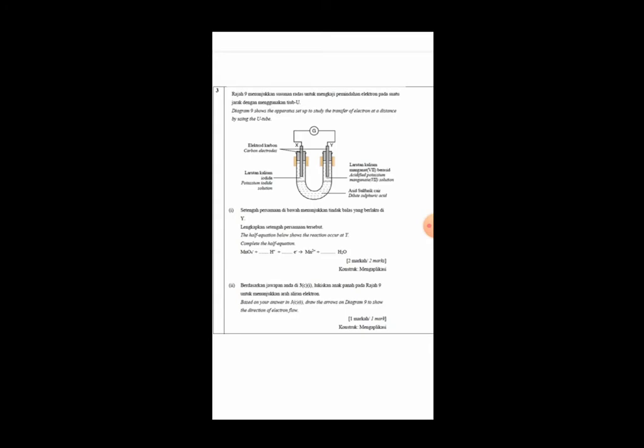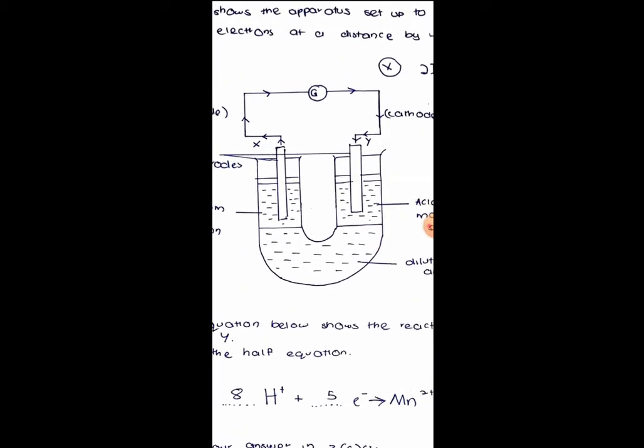We know that X is the anode and Y is the cathode, so the electron will flow from X to Y. To show this, we draw an arrow on the circuit from X to Y. This shows that electrons flow from the X to the Y electrode, which is from anode to cathode, and electrons flow in the circuit, not in the solution.